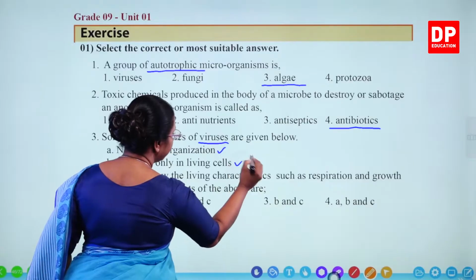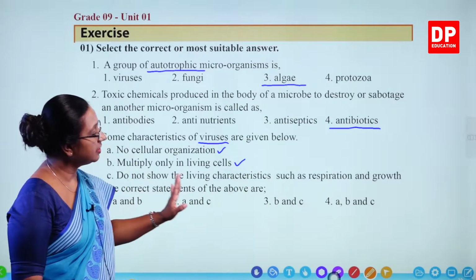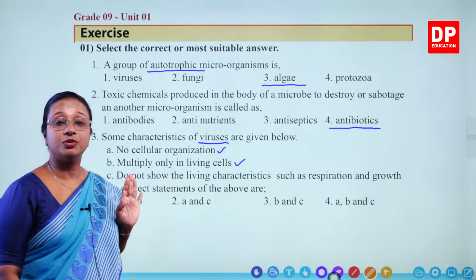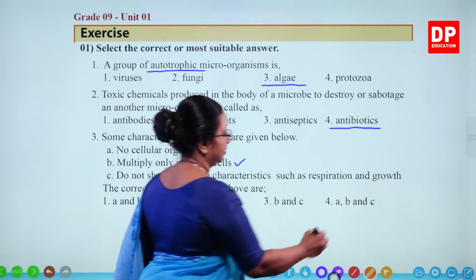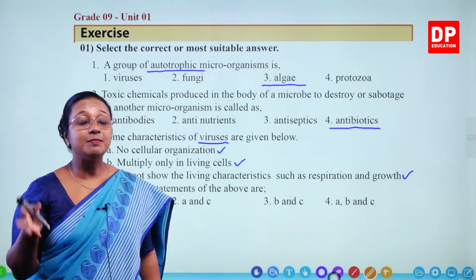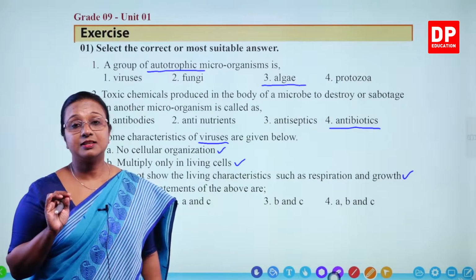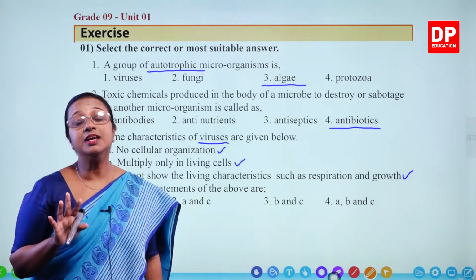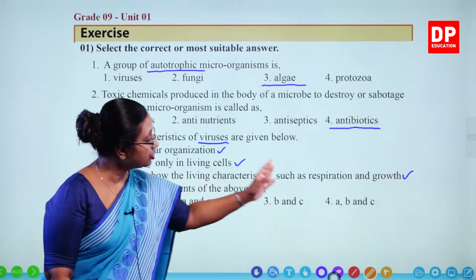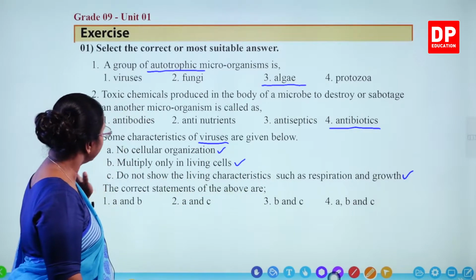Do not show the living characteristics such as respiration and growth. That is also correct. They only can divide or multiply inside living cells. That is their only living characteristic in addition to causing diseases. They don't show respiration or growth. So, all these characters are correct.